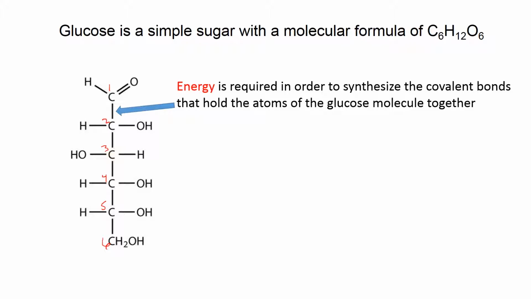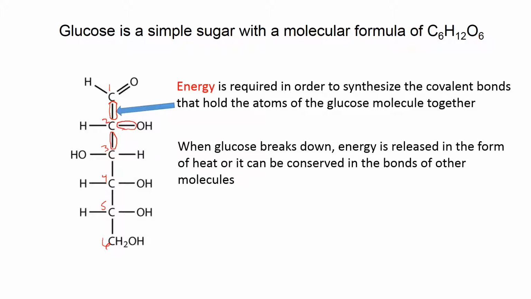And energy is required in order to synthesize the covalent bonds that hold the atoms of the glucose molecule together. In other words, all of these covalent bonds take energy to form. And when glucose breaks down, energy is released in the form of heat, or it can be conserved in the bonds of other molecules.